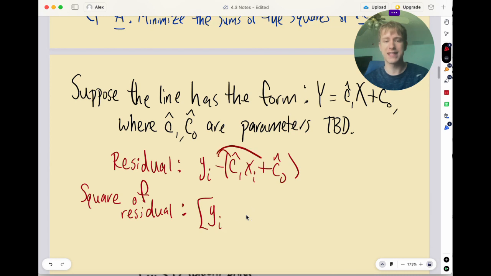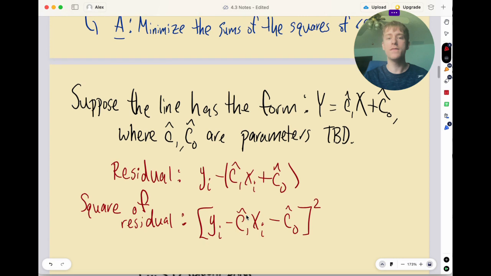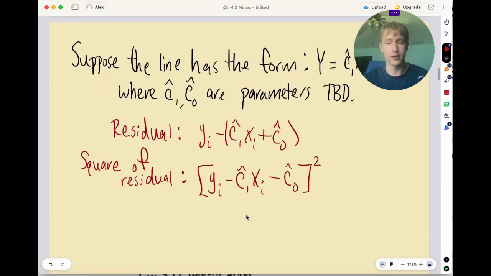Okay, and in this instance, I'm going to go ahead and distribute the minus sign. So this is going to be minus c1 hat xi minus c0 hat, squared. But remember, we want to minimize all of the sums of the squares.